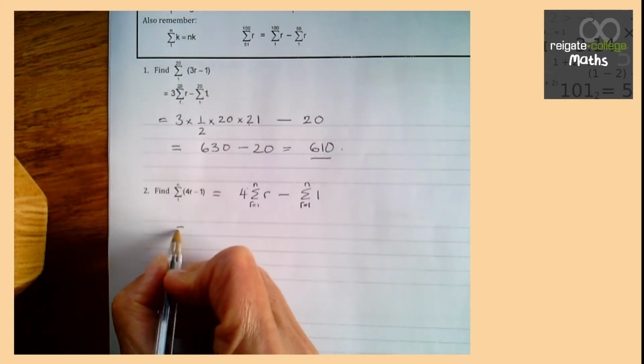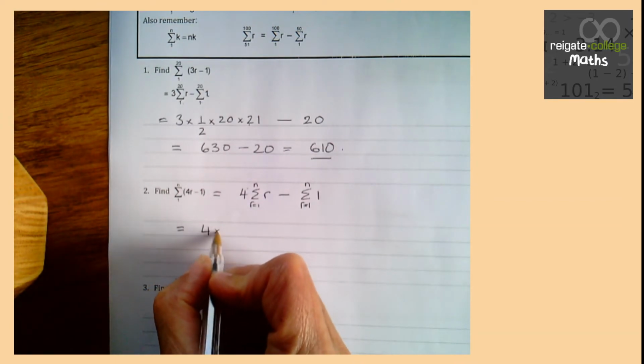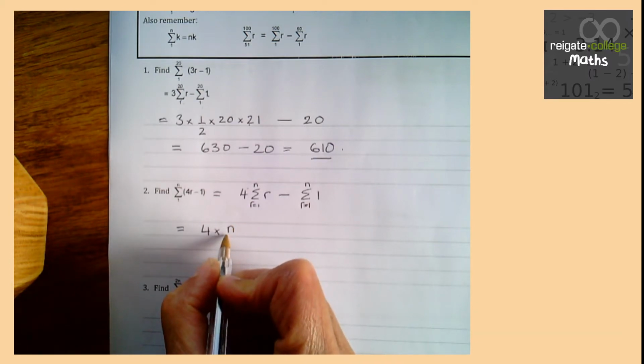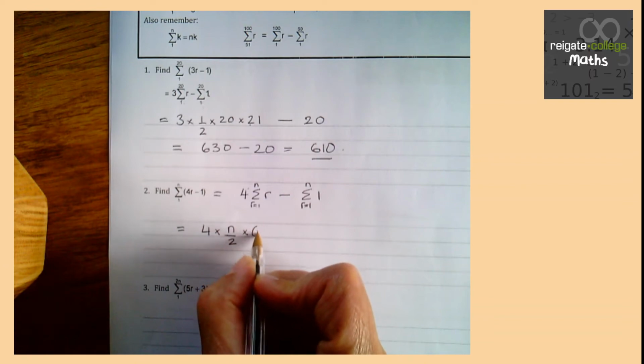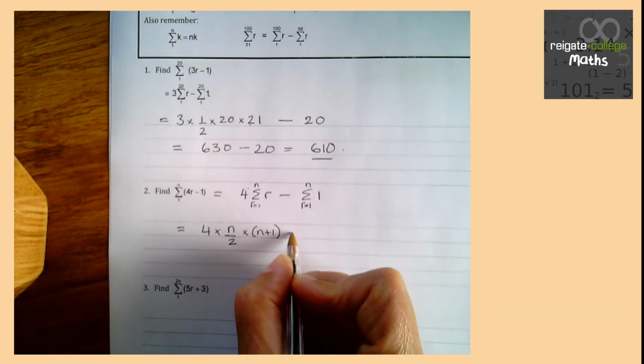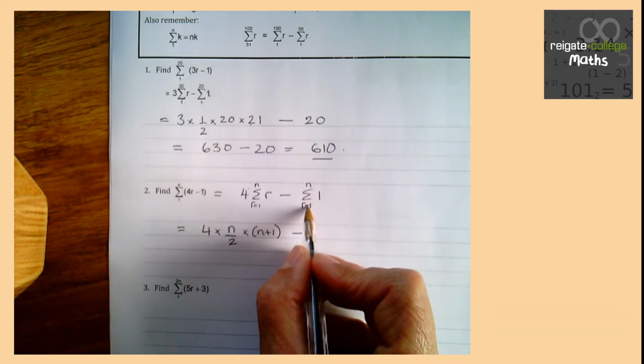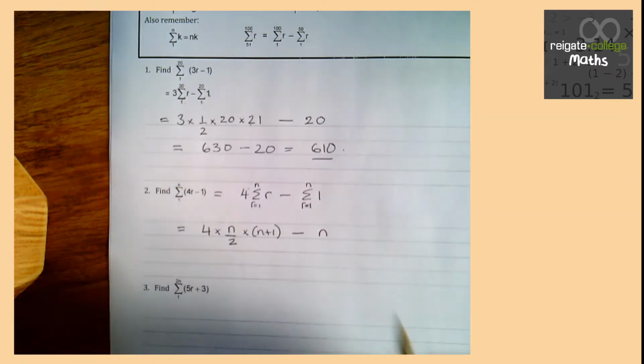When we work this out, we get 4 times n over 2, or half n, times n plus 1, minus n times 1, n.